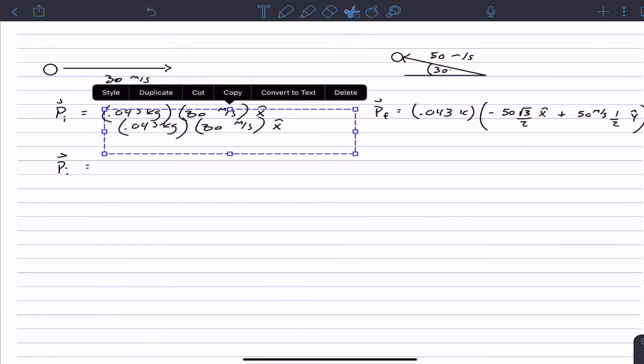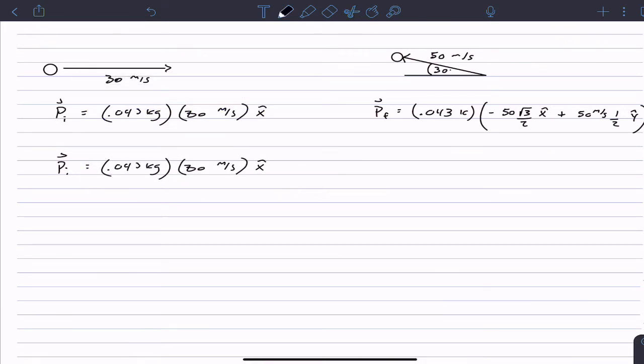Can't really do much with this. Okay, this one, we can just make it look a little better. 0.043 kilograms. We have 50 over 2 on both, and that just gives us 25 meters per second. Right? That means that we have square root of 3 x-hat plus 1 y-hat, and it's in the negative x-hat direction.